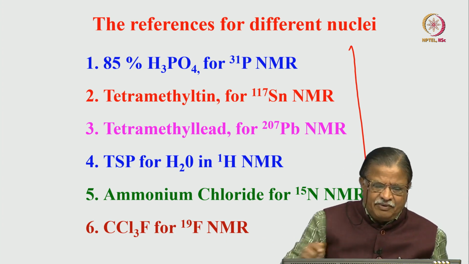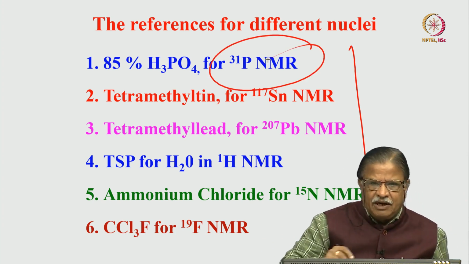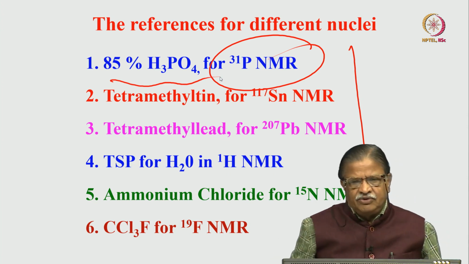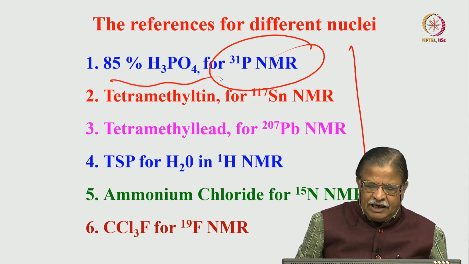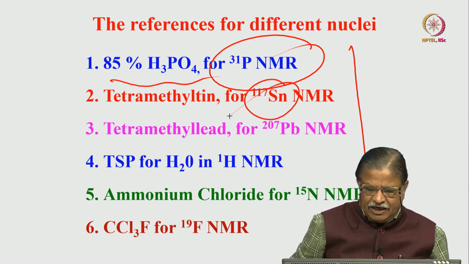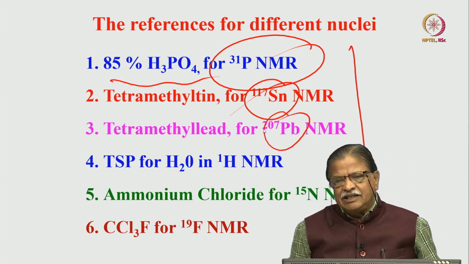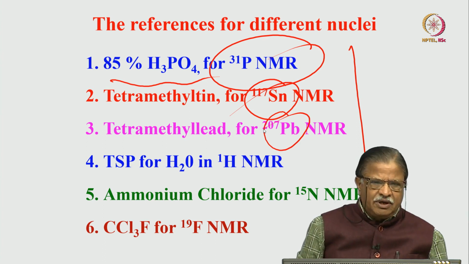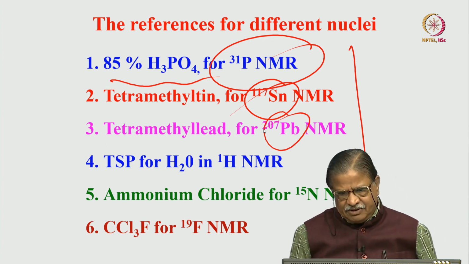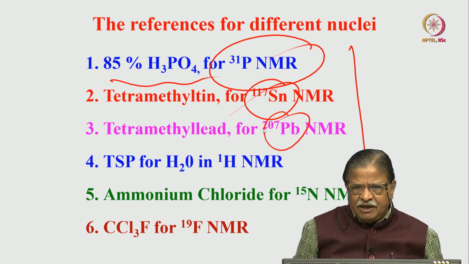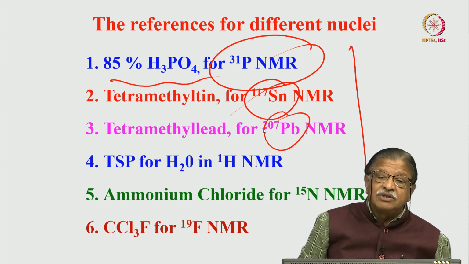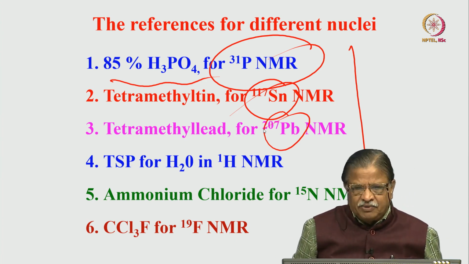For example, if I want to take 31P NMR, 85% H3PO4 is used as the reference. Tetramethyl tin is used for tin NMR, tetramethyl lead for lead NMR. Some of these molecules are not soluble in common organic solvents which you use in NMR. Then we use H2O or D2O.